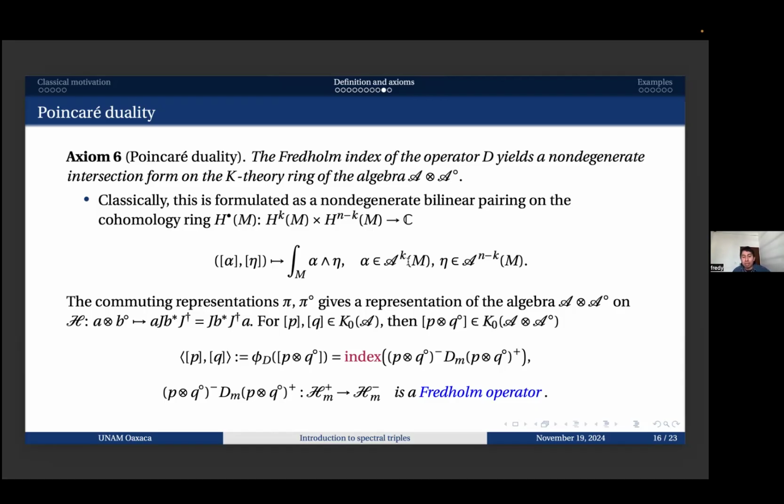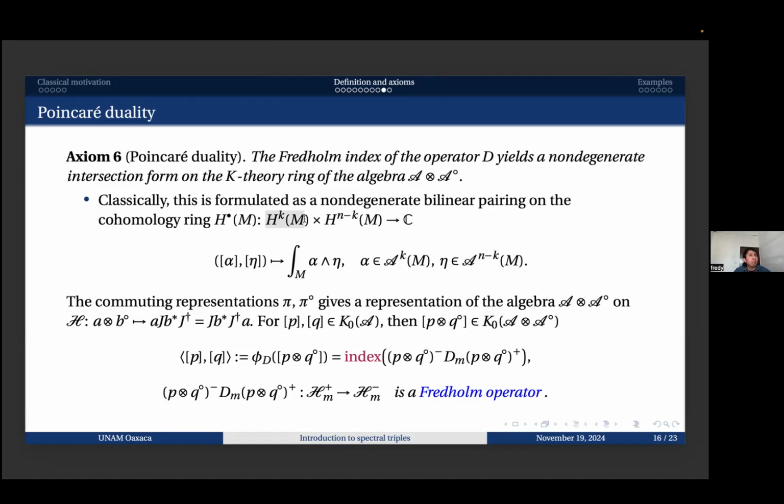So, the reason is that there is a relation between the K-theory of the manifold and these cohomology rings. I think there is an isomorphism.